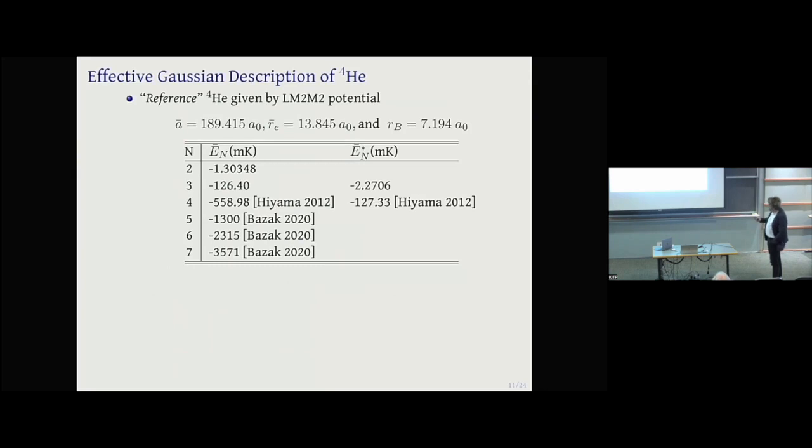As data, as done previously by Bira, I take the N2 N2 potential just because there are precise calculations up to 7 particles which I need, and I use the Gaussian potential at kind of linear order.